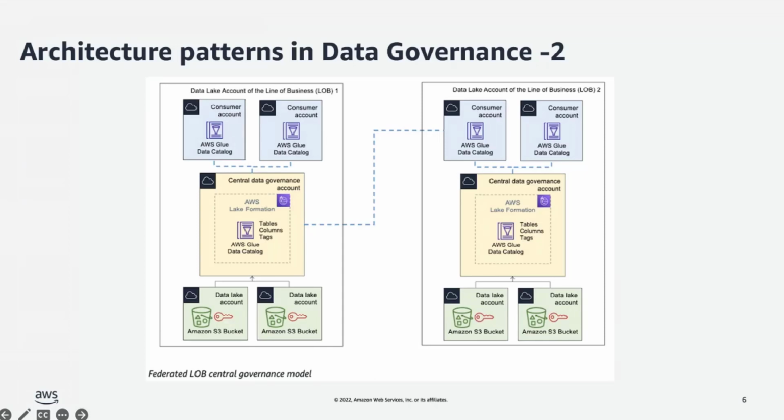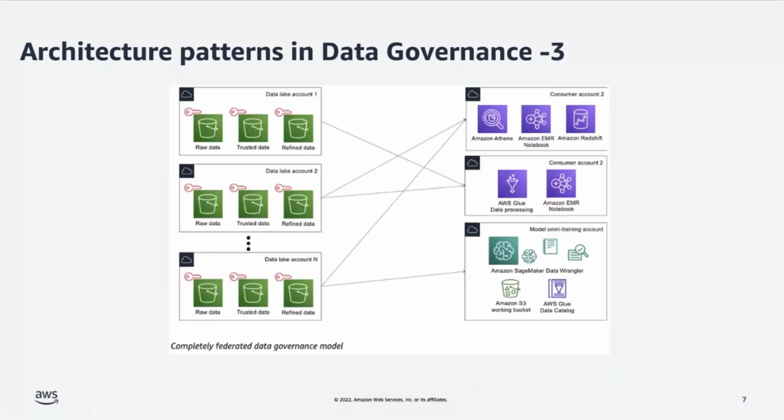The producers and consumers are within the same organization, and each central data governance account maintains its own auditing and reports. You still have the option to share the data cross-account as needed across the LOBs. These are still AWS accounts anyway, so each account will have its activated Glue Data Catalog and Lake Formation settings. So once that is set up, sharing data across accounts is very easy.